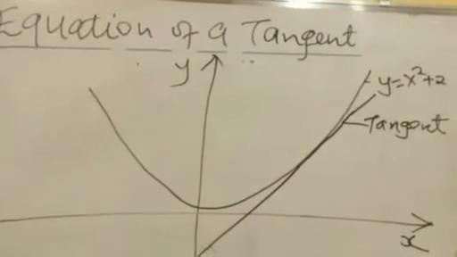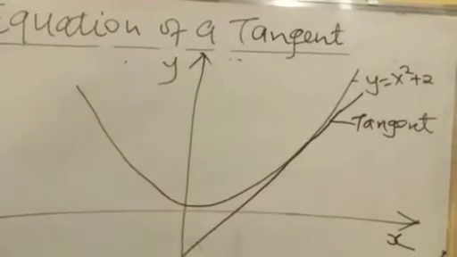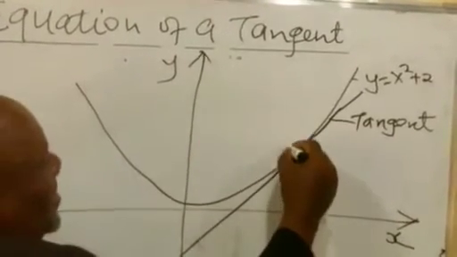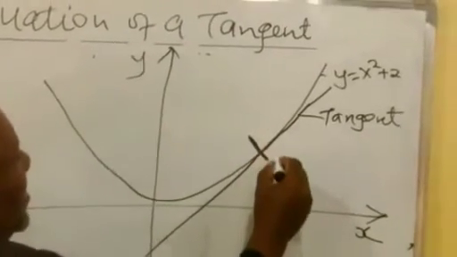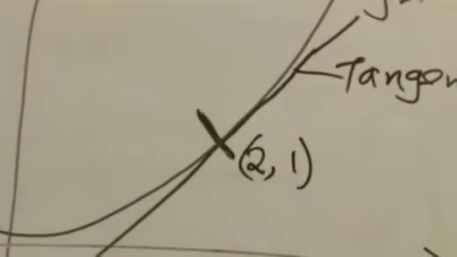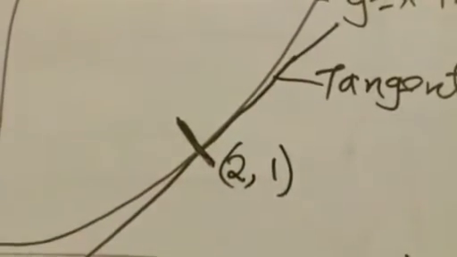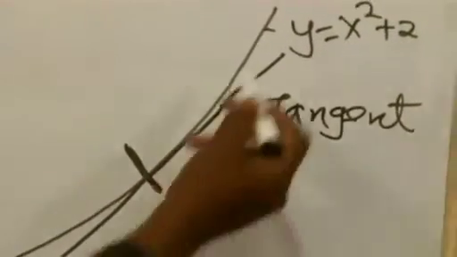And it's very important that we have that point. We will want to get the equation of this tangent, and the point is (2, 1). So we will want to have the equation of this straight line.